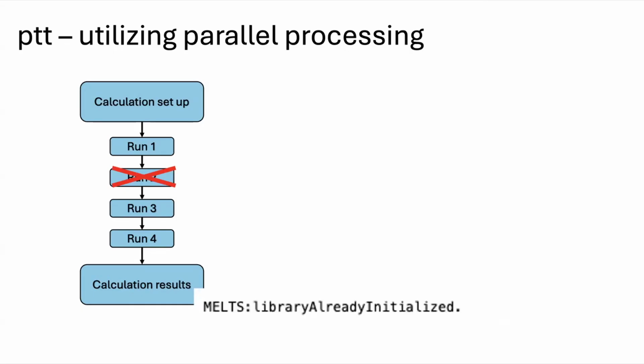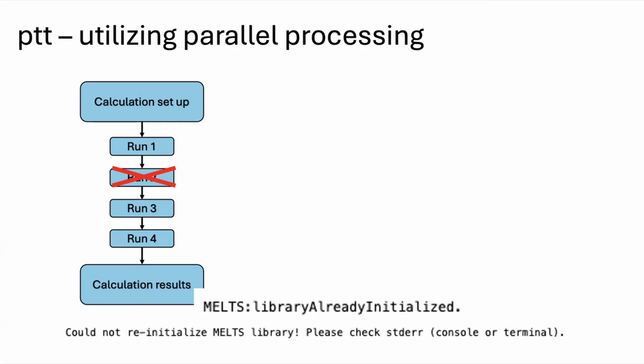So in alphaMELTS for Python, as an example, if you tried to continue running MELTS models after this failure point, you'd be met with this message and this secondary message. And basically, if you hit a failure point in this case, you would not be able to run calculation number 3 or number 4 and get the results from those. You would have to completely restart the kernel, set up your calculations again, and then start it from number 3 and continue on from that point. Which is quite tedious, quite frustrating.